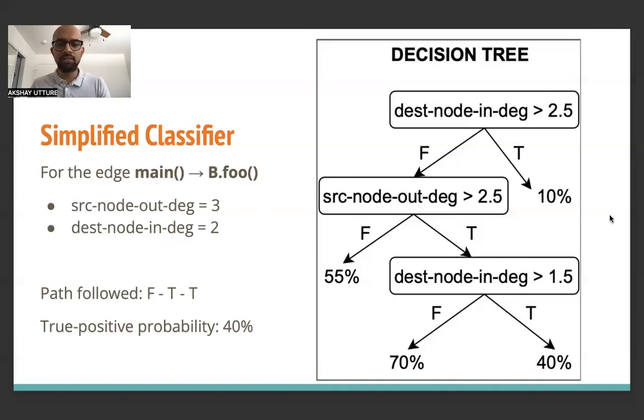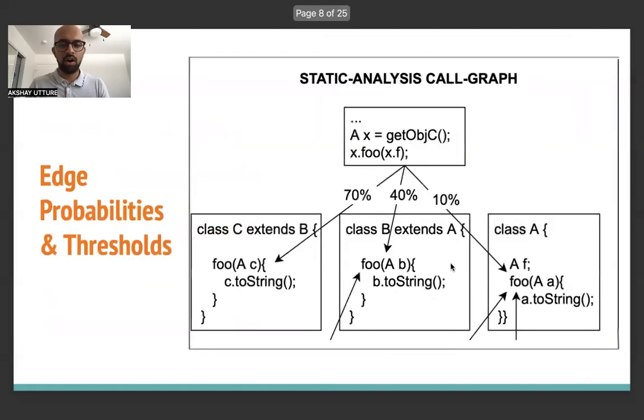So let's label this number on our call graph. The edge to b.foo has probability 40%, and using a similar approach, we can also get the probabilities on c.foo and a.foo. At this point, we can set a probability threshold. Let's say we set a threshold of 50%.